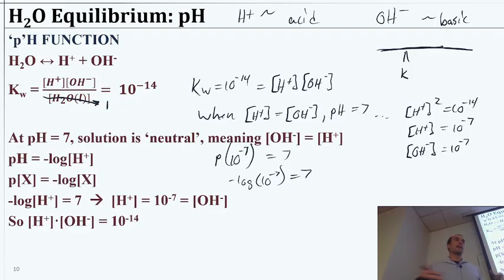So we can take the P of X, we can take the P of OH, which would be essentially the inverse of pH. It's the amount of basicity there is. We can take the P of some equilibrium constant, and that's just a log transformation, taking the negative log of it.